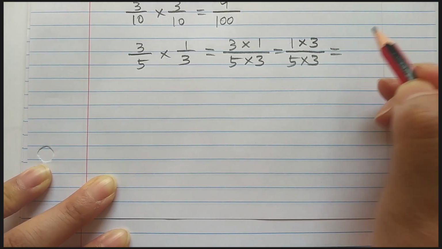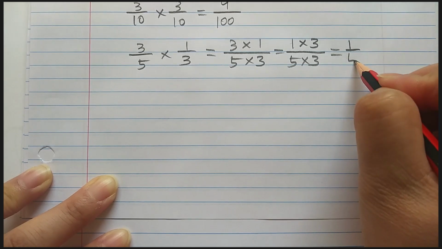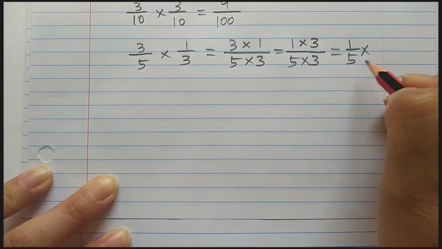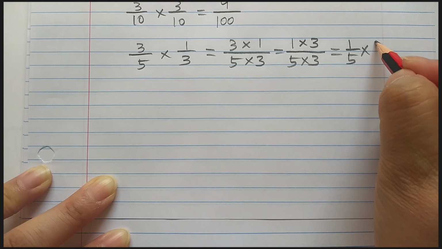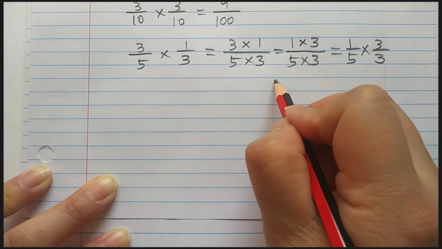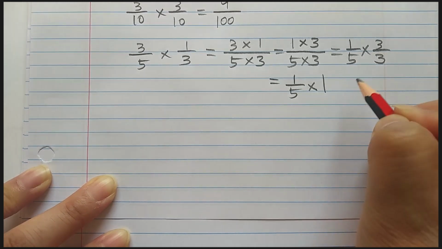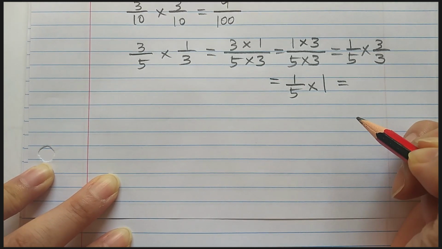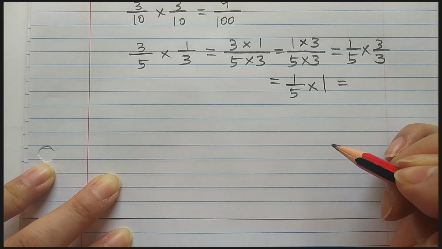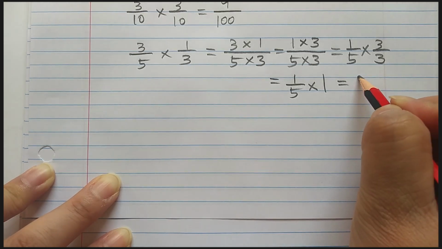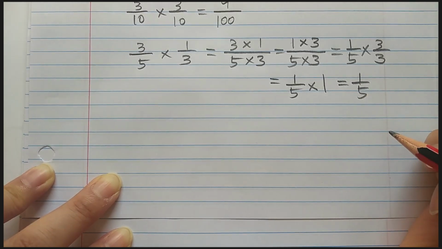This also can be 1/5 times, what's 3 over 3? 3 over 3 is 1, so 1/5 times 1, and any number times 1 is the original number.